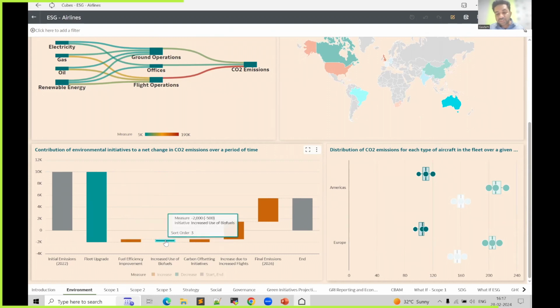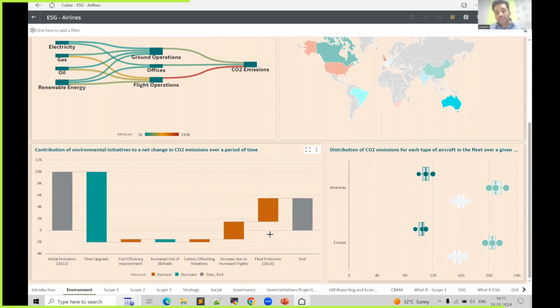And they try to assess what will be the percentage of reduction if I invest more in my biofuels, and how much it will impact my various carbon offsetting initiatives, and based on which how I can accurately find out the increased flights. So based on the sustainable initiatives, I could be eligible for operating more flights based on the different carbon pricing from a regional perspective.